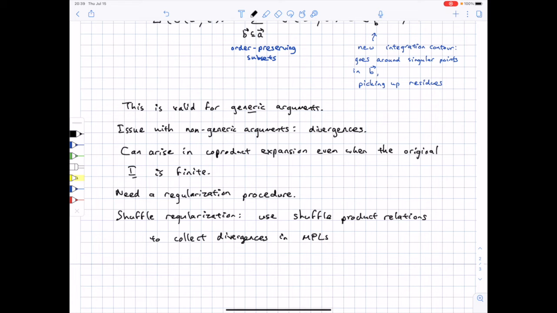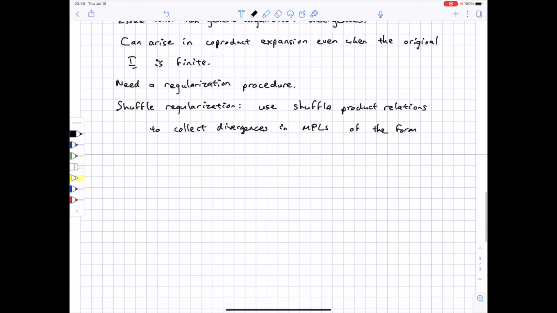It's true, though not obvious from what I've told you, that using shuffle product relations you can squeeze all the divergent parts into multiple polylogs of this form G, where you have exactly all the same arguments.